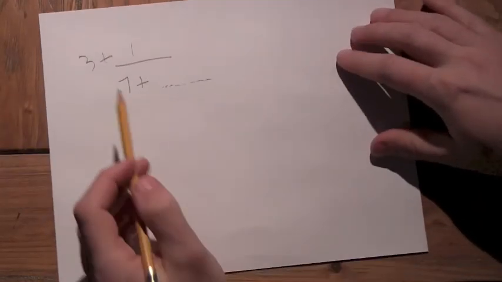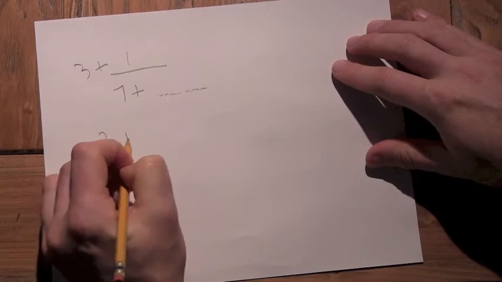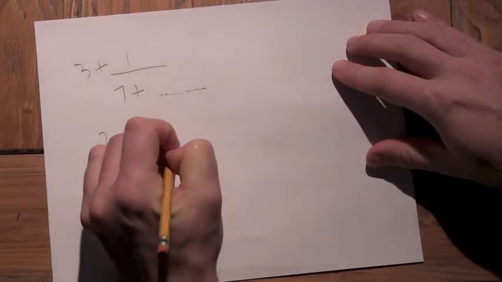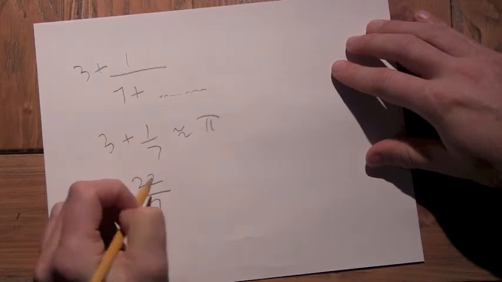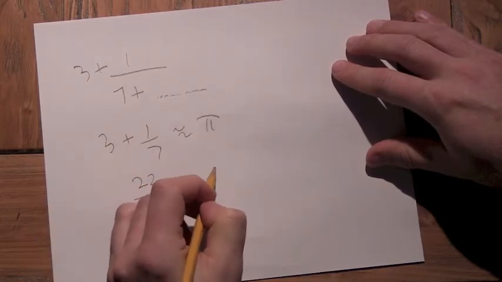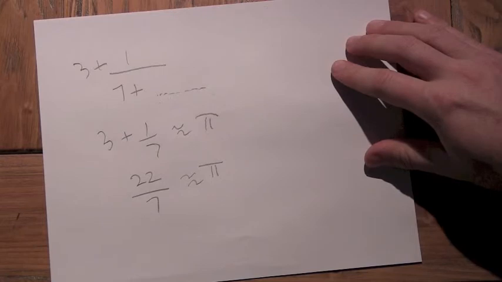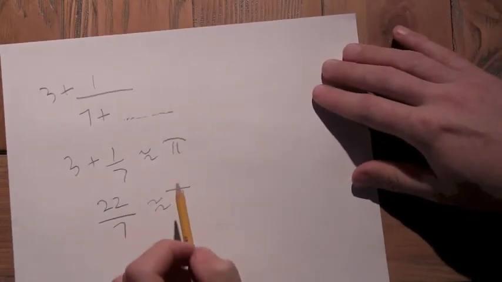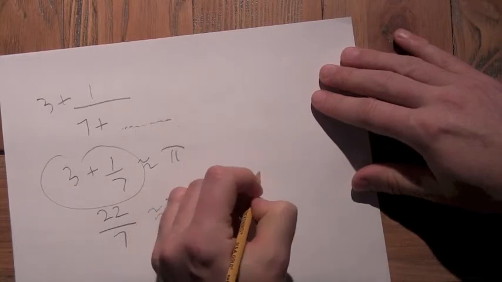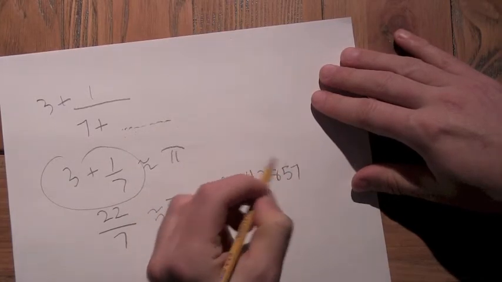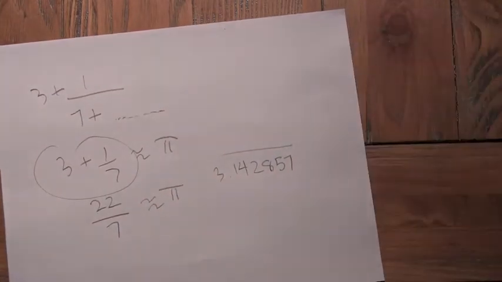Okay, so we get 3 plus 1/7 as an approximation for pi. So 22/7. Have you ever seen that approximation before? Yeah, that's a pretty good approximation. What is 3 and 1/7? Well, it's 3.142857 repeating, which is pretty close to pi.